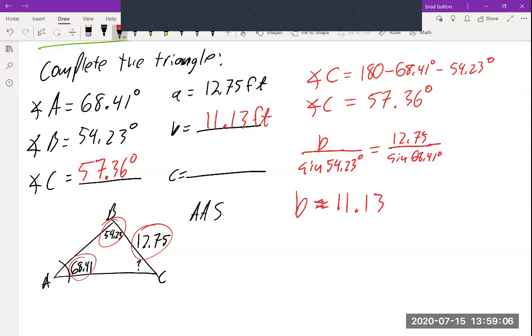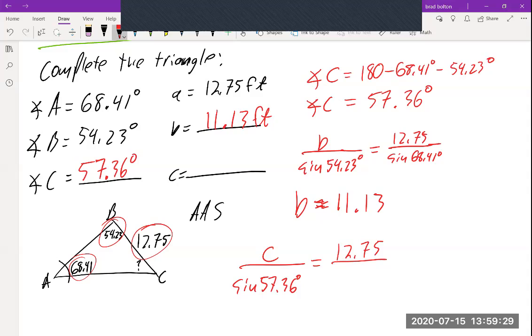We're going to do side C over the sine of 57.36. That's why it was important for us to find angle C real quick. And then I'm going to use A again, just because it's the given. Normally, I mean, I could do the same thing with B, but what if I had got B wrong? Then I'm going to get the last one wrong as well. So I always try to use the givens whenever possible to kind of hedge my bets.